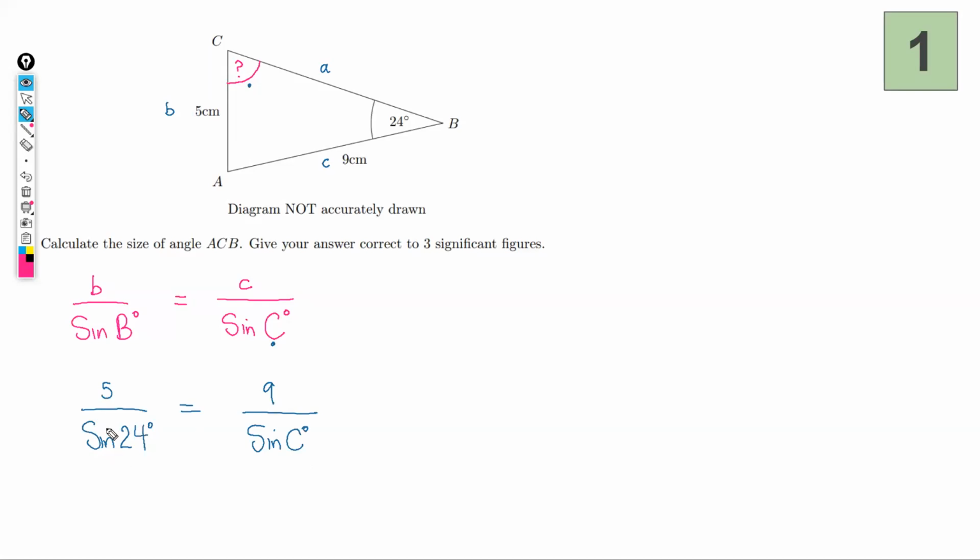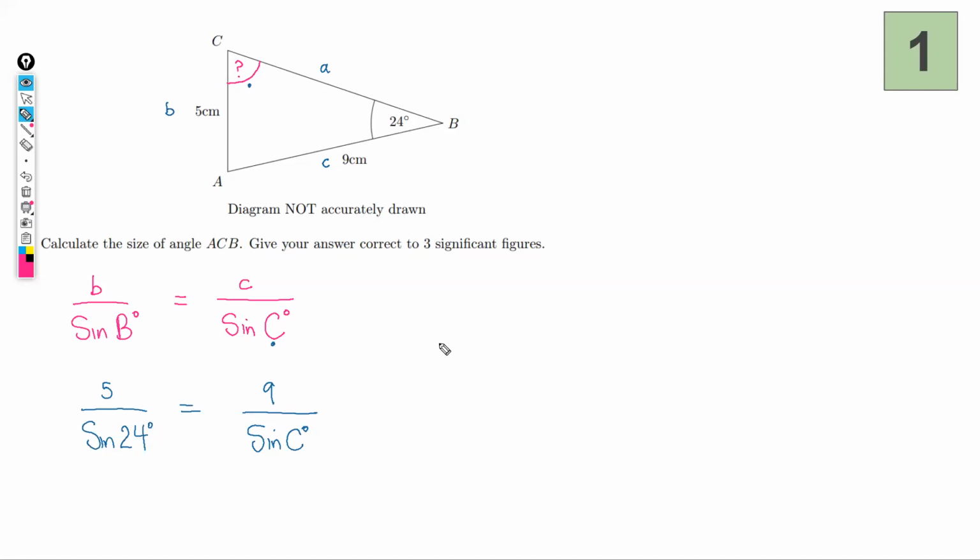So you could find sine 24 first on your calculator and then cross multiply, or we could just start cross multiplying one time without finding sine 24 and leave that for the end of the question. It's not going to make a big difference if we go to 3 decimal places. So help me out here. How much is sine 24 on the calculator? I would prefer today to work out sine 24 on the calculator.